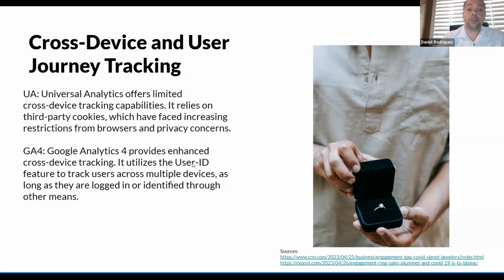Now, on cross-device and user journey tracking, let's say you have multiple websites. Maybe your store is located on a different domain. On the old Google Analytics, there were limited tracking capabilities, and I can give you a couple of examples. Let's say your domain is gemsandjewels.com, and your store is located on store.gemsandjewels.com.